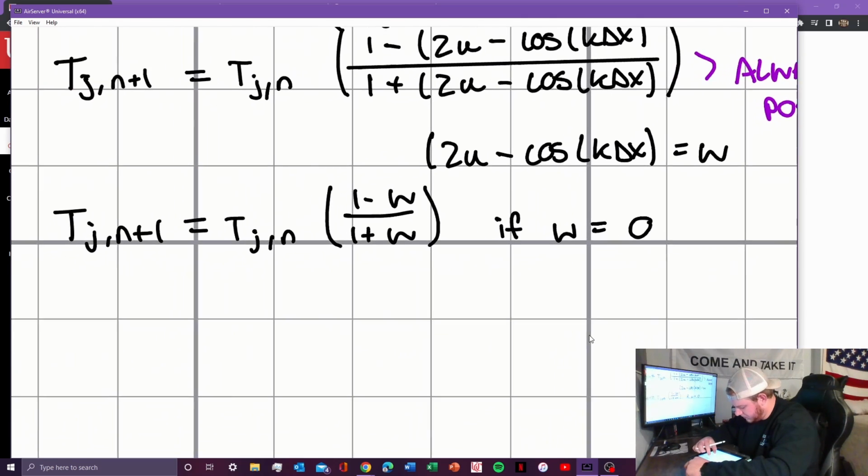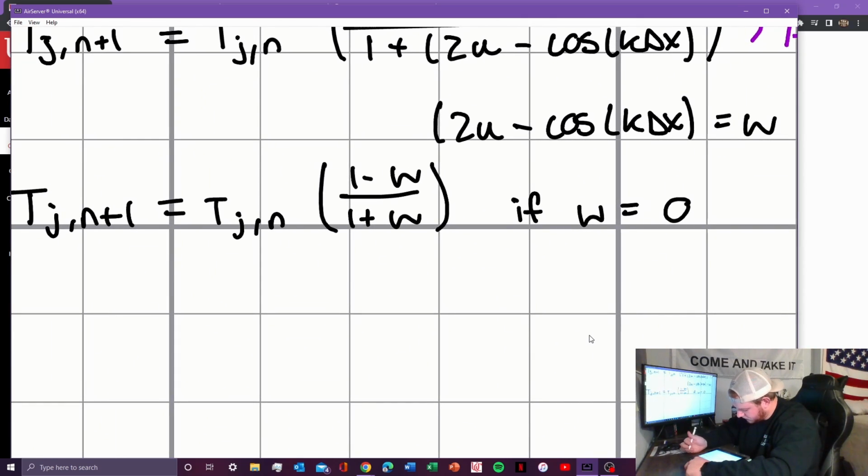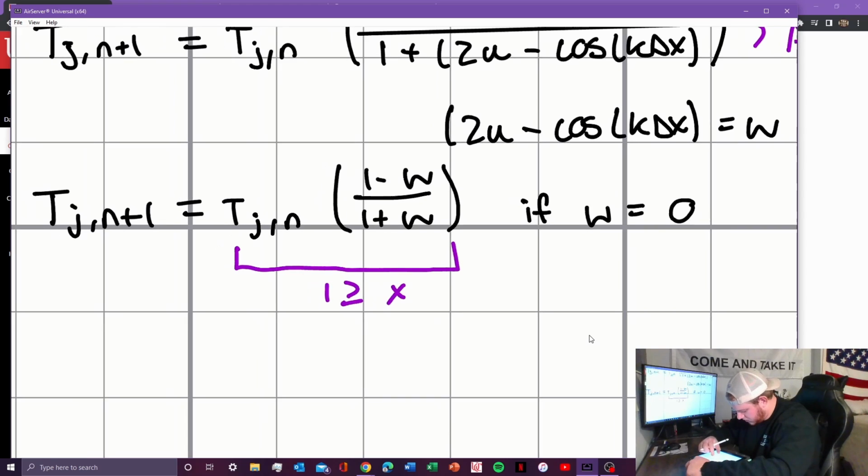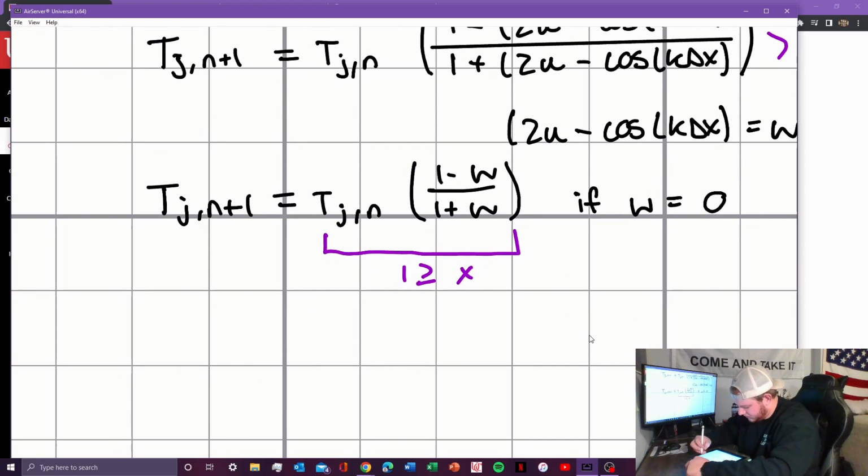Then this term will be 1. So this right here is always going to be greater than or equal to 1, no, I'm sorry, less than or equal to 1.